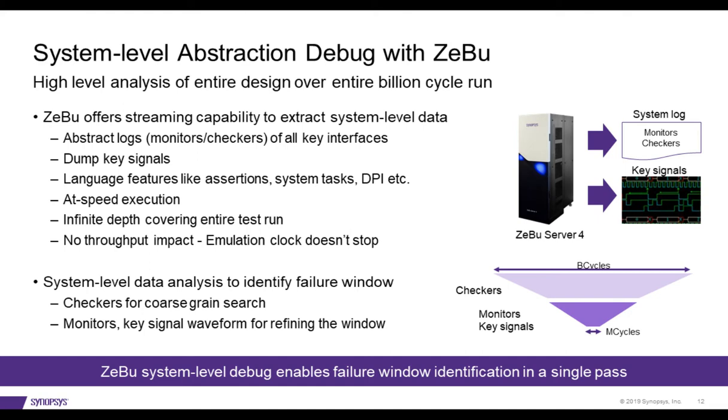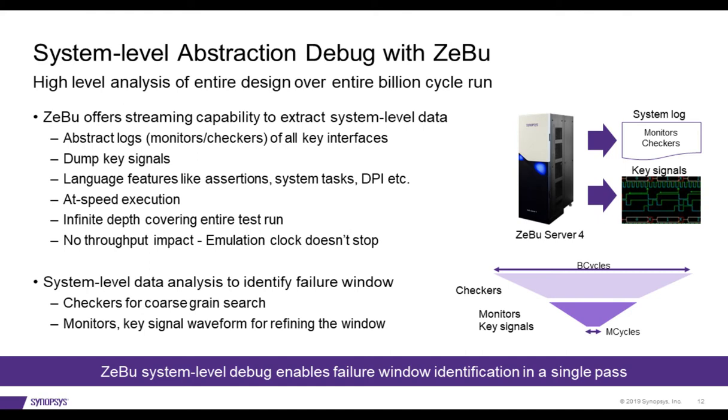So you have the abstract logs, those could be monitors or checkers of all the key interfaces of your design. We have the ability to dump all the key signals of the design. We also support language features like assertions, system tasks, etc.